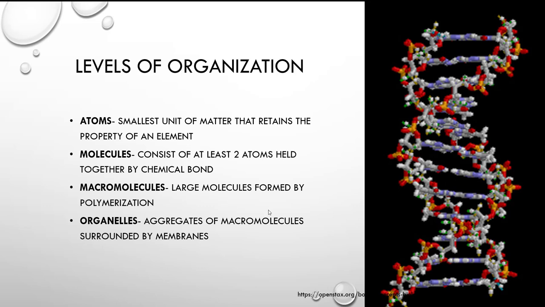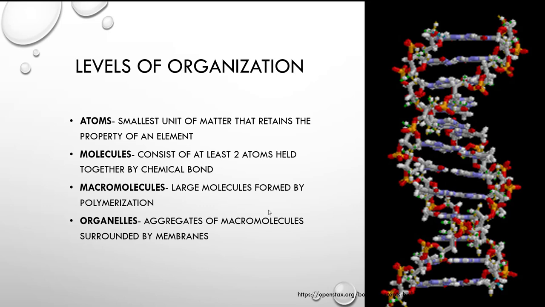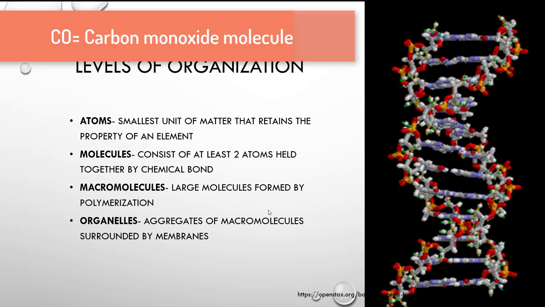Now, if I have at least two atoms held together with a chemical bond, I can form a molecule. So I can have two atoms of oxygen held together by a chemical bond, and I would have an oxygen molecule. I can have an atom of carbon and an atom of oxygen bond together and form a molecule known as carbon monoxide.